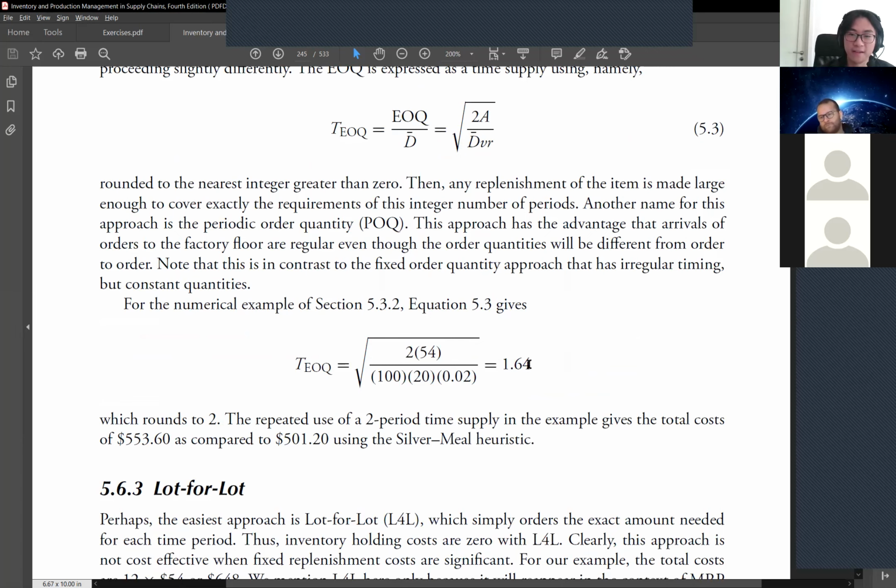So here in the example it is 1.6, so we round it to 2, and then we use it as the 2-period time supply. So we supply 2 months at a time.